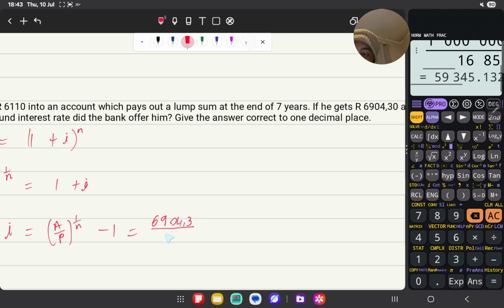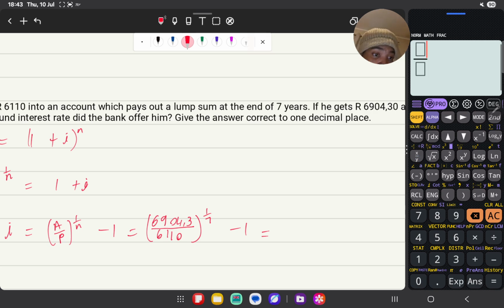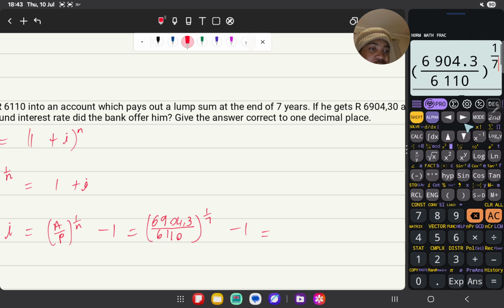6,904.30 divided by 6,110 to the power of 1 over 7 minus 1, and we get 6,904.3, 6,110, 1 over 7 minus 1, right?